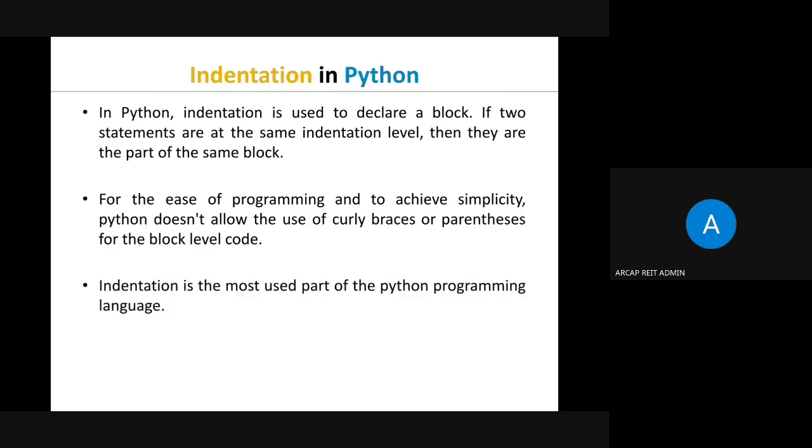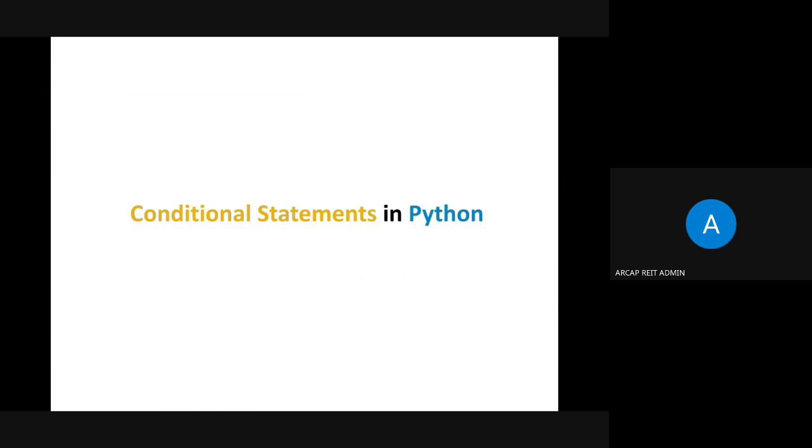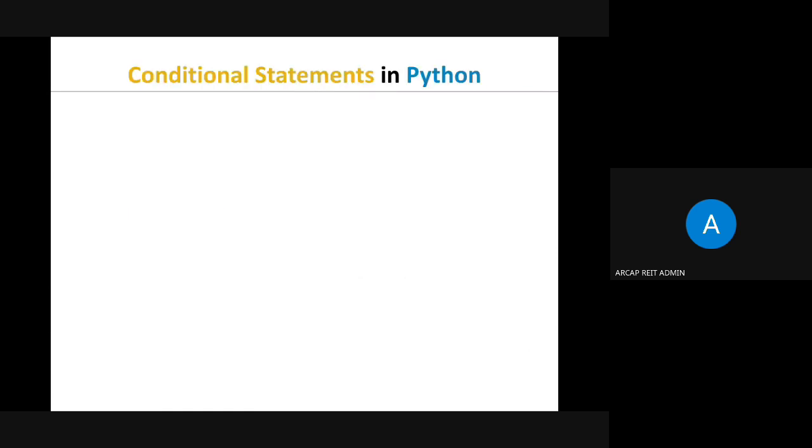But in Python, if statements start with the same gap from the left side, they are considered a common block of code. It is a single block of code. Indentation is the most used part of the Python programming language. Generally, a tab space or 4 spaces are given to indent the statements in Python.